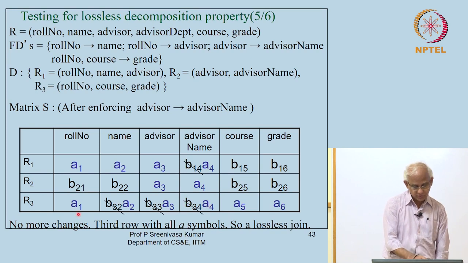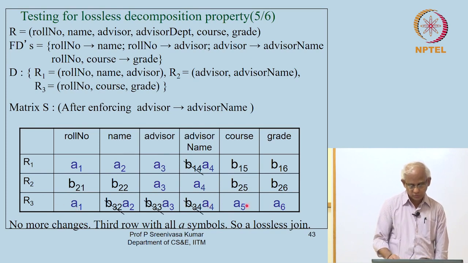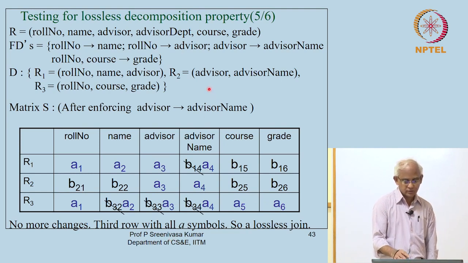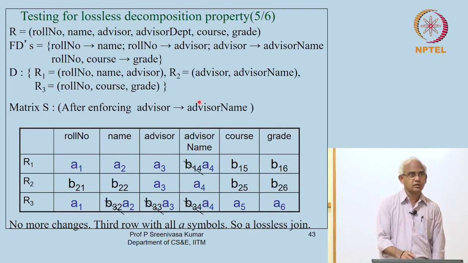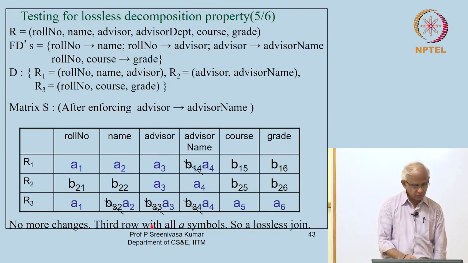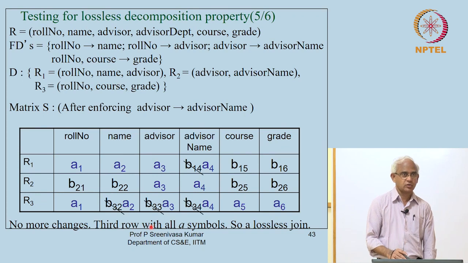So, now suddenly we find that the last row has all A symbols, A1, A2, A3, A4, A5, A6. And you can also see that there are no more changes that can occur in the matrix, and so it is actually a lossless join.